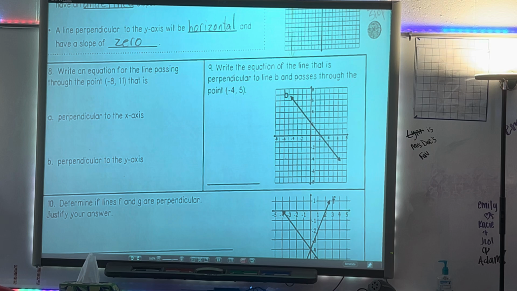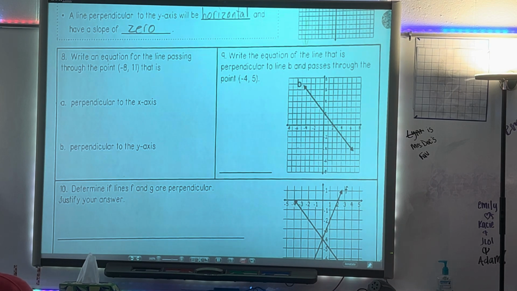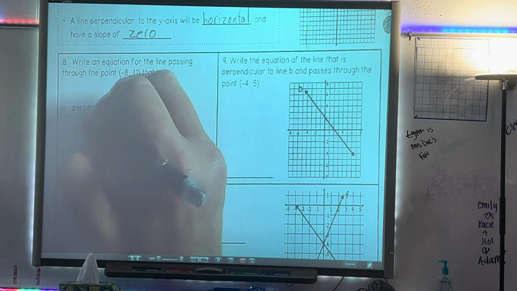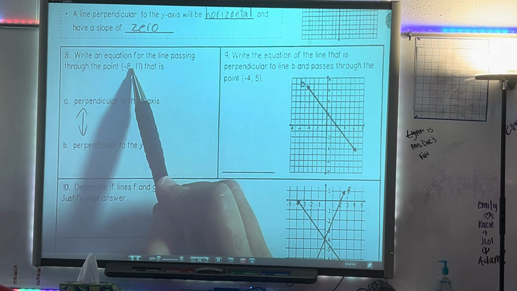Write an equation for the line passing through the point (-8, 11). The first one, they want perpendicular to the x-axis. So the x-axis is which direction? Horizontal. It's left and right. So if I want perpendicular, what's my line going to look like? Vertical. So if I want to write an equation of that line, and it goes through this point, what does the equation have to be?